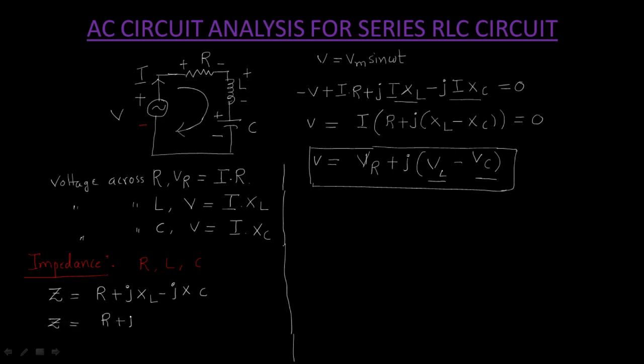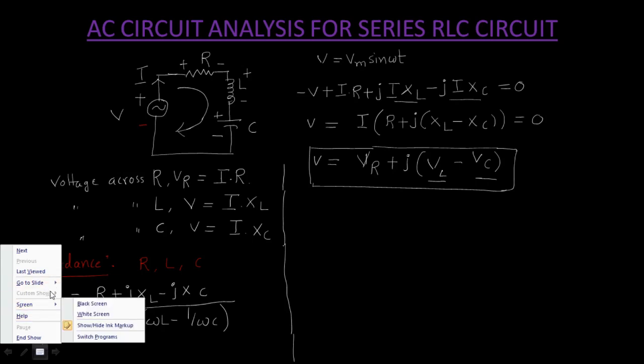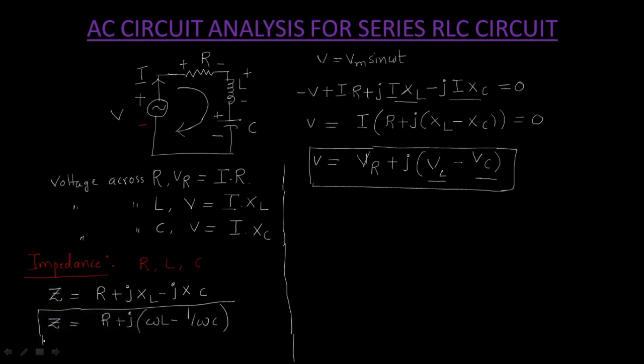If you take j common here, what is XL? XL equals omega L. What is XC? XC equals 1 by omega C. This is also called the impedance. So impedance is not only for two elements, it is also a combination of three elements.